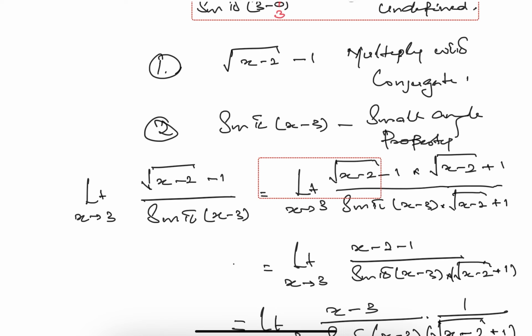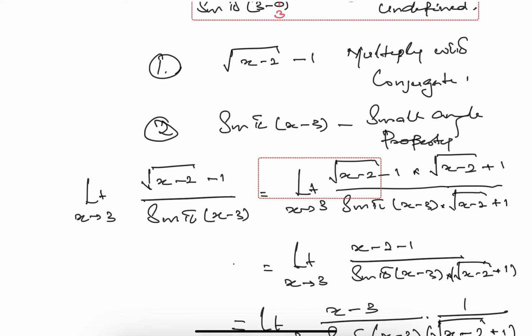Let's start. The limit as x tends to 3 of (square root of (x minus 2) minus 1) divided by sine of pi times (x minus 3). As I said, first we multiply by the conjugate of the numerator, square root of (x minus 2) minus 1. The conjugate is square root of (x minus 2) plus 1.